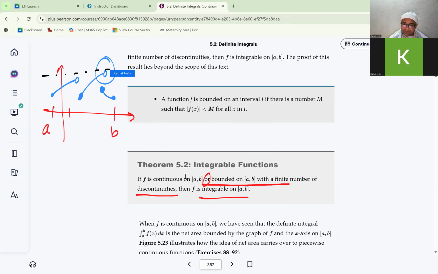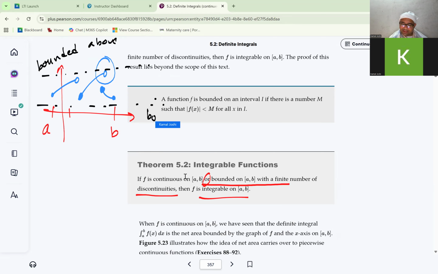Why is it bounded? Because there is a value which is larger than all the values of the function, and there is a value which is lesser than all the values of the function. Such a function would be called bounded, right? If the values of the function are less than a certain value, you call it bounded above.